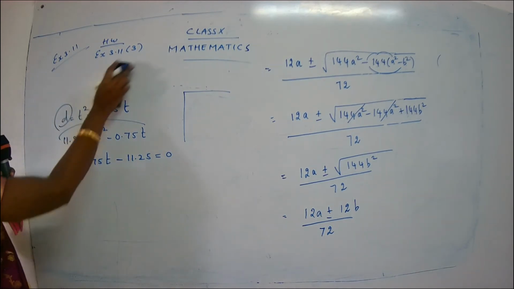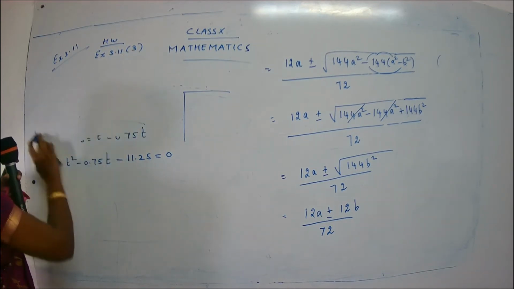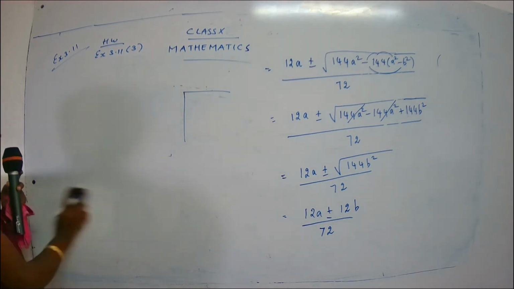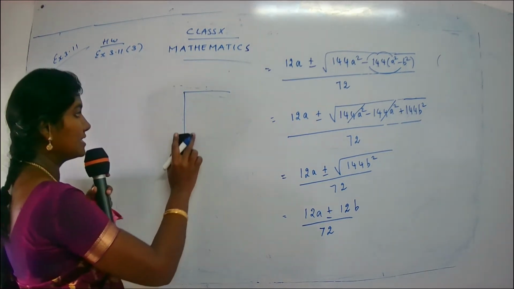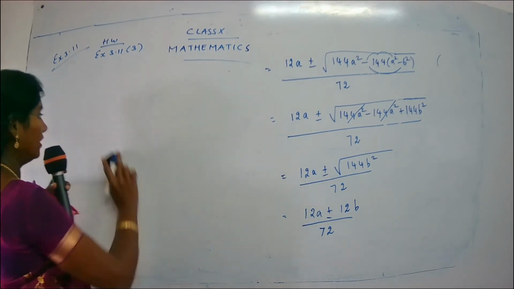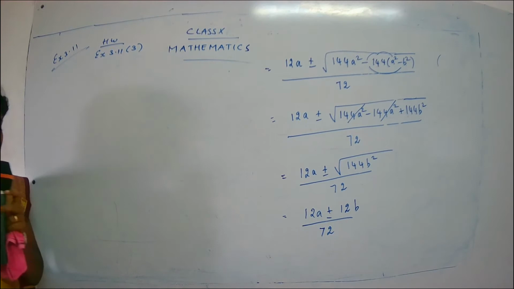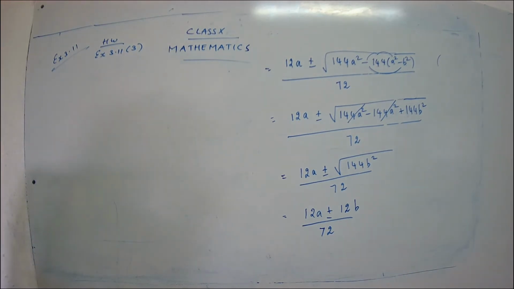I have given you a hint for the third sum, so you are going to try it and you have to recall your 8th standard. I have told you maths is not a subject which just starts from a new day. You have to link everything from what you have studied from your pre-KG. The numbers that we have learned, the addition, the subtraction that we studied in our lower classes, the multiplication, the division, the fractions.